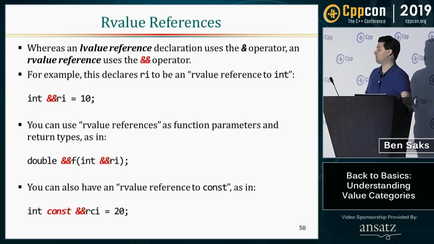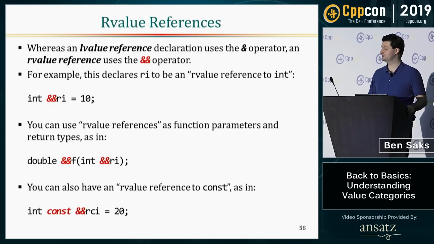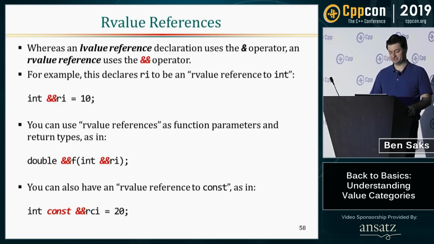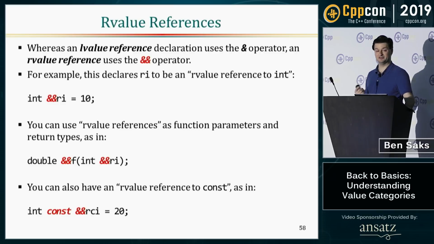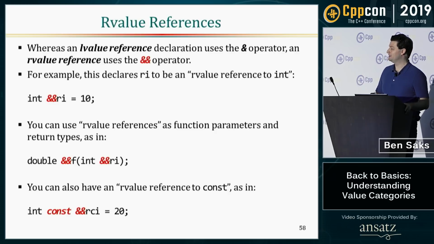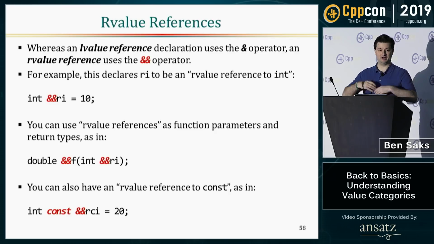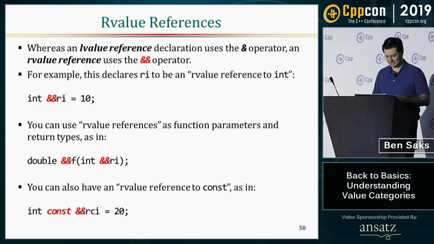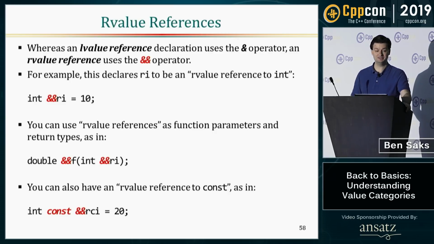And you can have Rvalue references to const, like this. It's usually not a particularly useful thing to do, because as you'll see, Rvalue references are in the language to implement something called move semantics, which usually expects the thing being referred to to be treated as modifiable. And an Rvalue reference to const refers to a non-modifiable object.